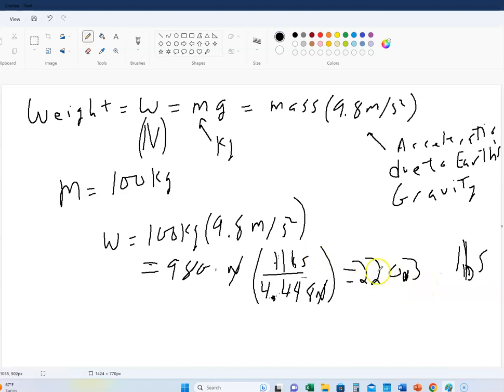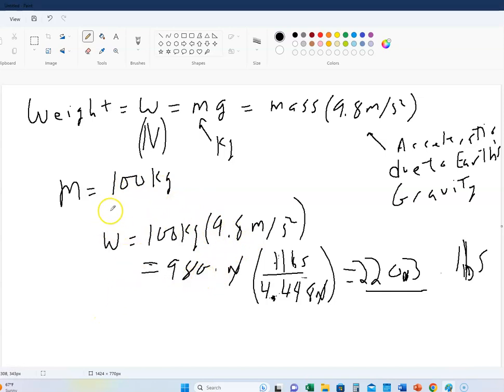Like I said, we really won't use pounds very often. I just wanted to give you a quick conversion between newtons and pounds to show that it is something you can do. All right, so we'll go back with this 100 kilograms and 980 newtons.